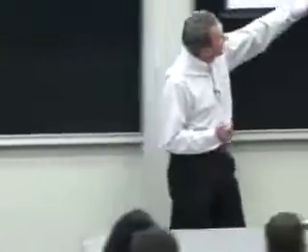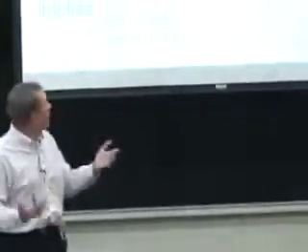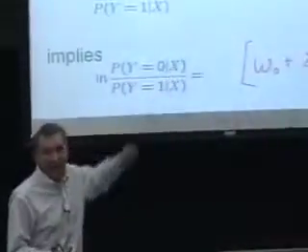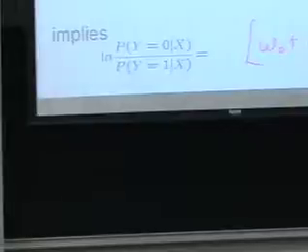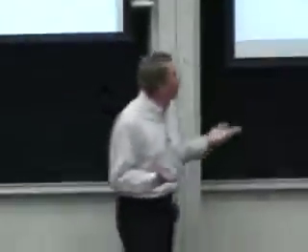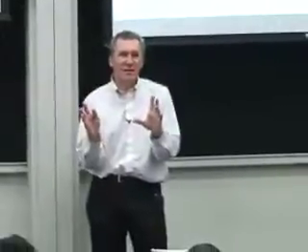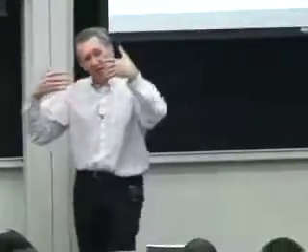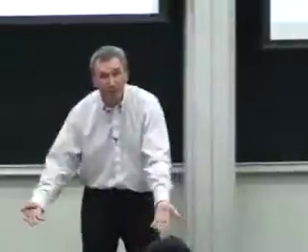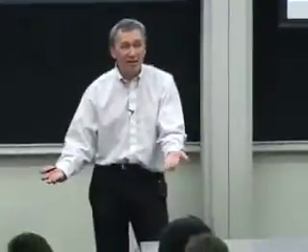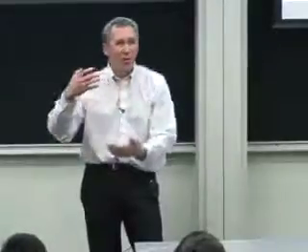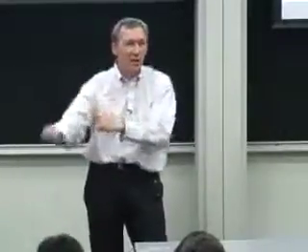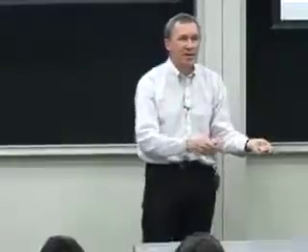And that is equivalent to asking, is it more probable that y equals 0 given x or that y equals 1 given x? So this is really cool. What we've done is we found a set of assumptions where if we work through from the starting point of Bayes' rule plus those assumptions, we can figure out the probability that y equals 1 given x and y equals 0 given x.